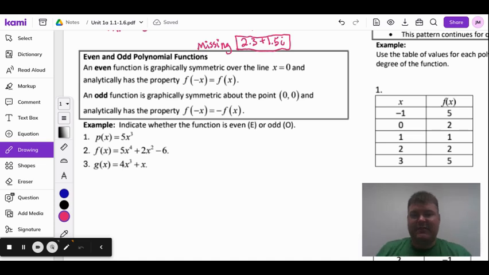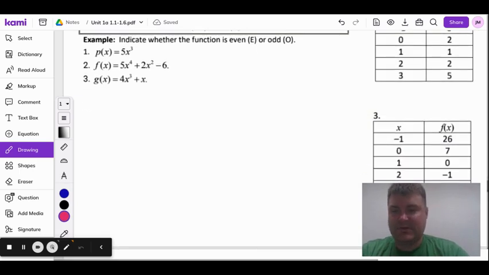This is what it says: an even function is graphically symmetric over the line x equals 0 and has an analytical property of f of negative x equals f of x. So this is what that means. So for evens, I'm going to draw it down here.